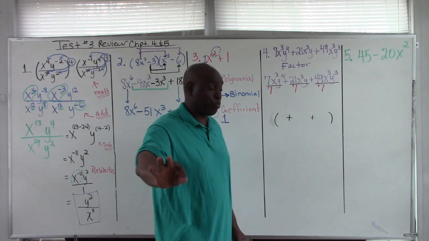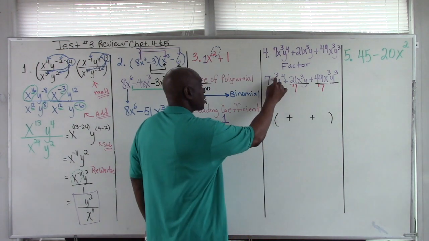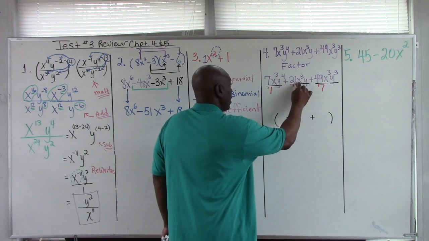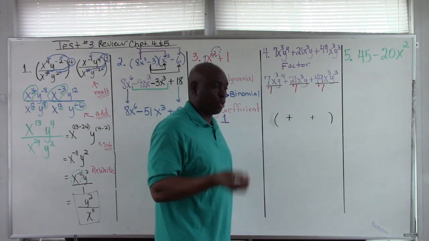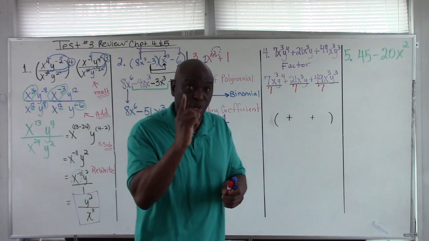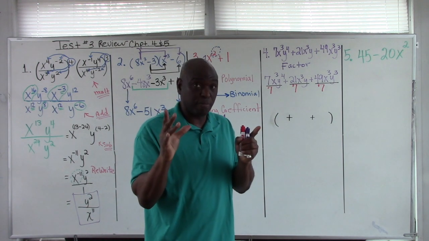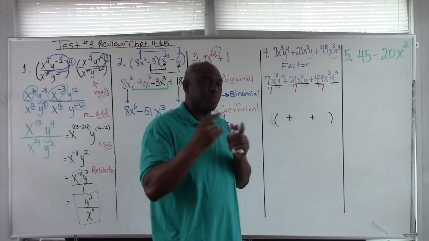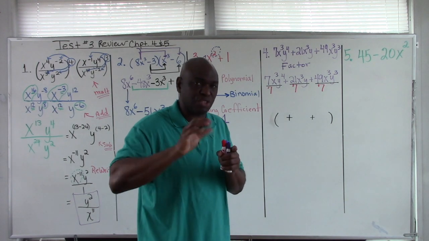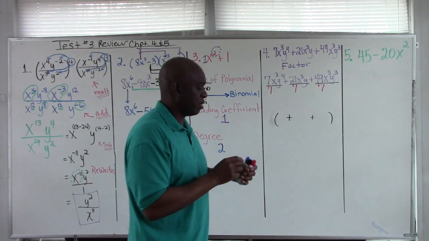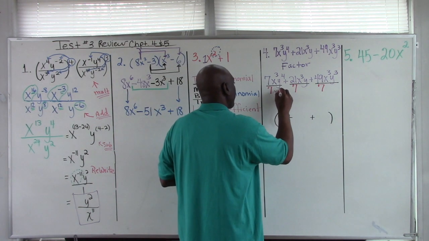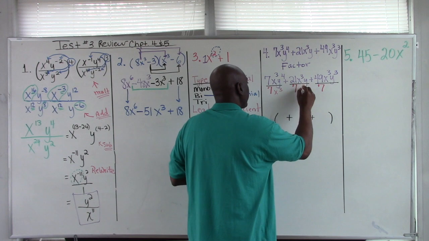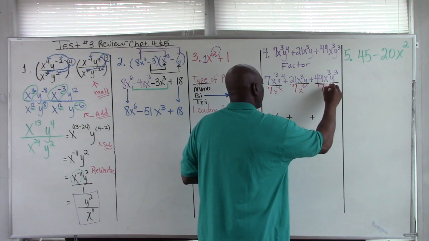So here we have x power 3, x power 3, x power 3. Each term has an x, and the least power in all three terms is x cubed, or x to the power 3. So we have x cubed.